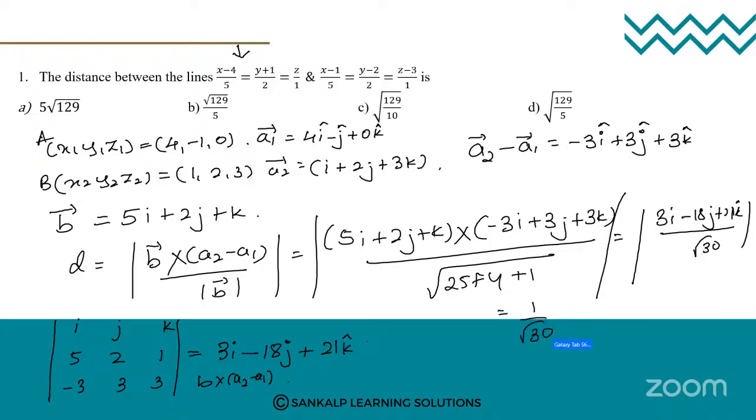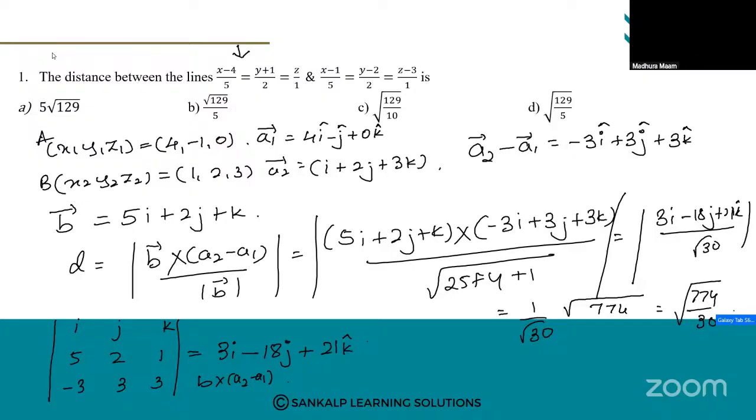This is again the square root of 3 square is 9 plus 18 square plus 21 square. 21 square is 441, plus 9, that is 450, plus this 7. I'll write it directly here. It becomes 774. Correct? So this is root 774 by 30. There is no such option, so we have to solve further.